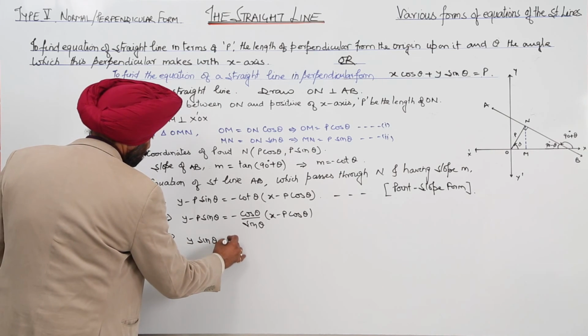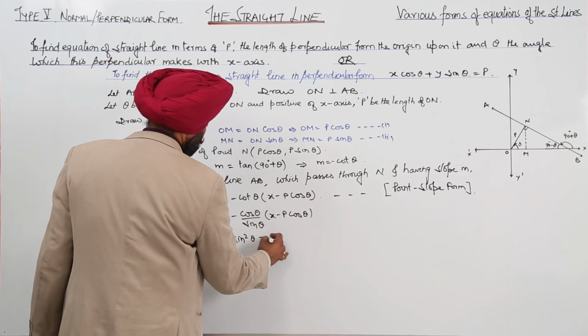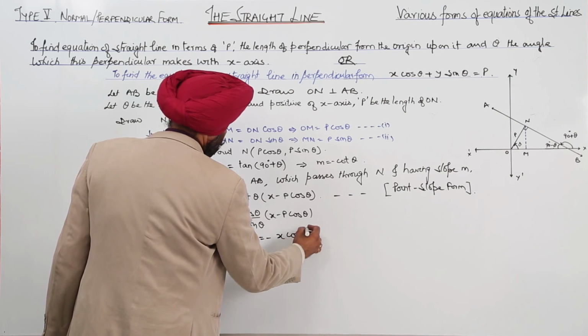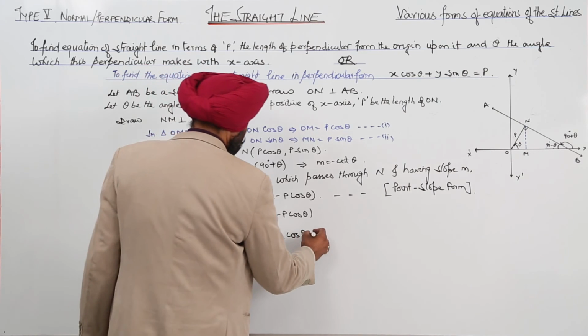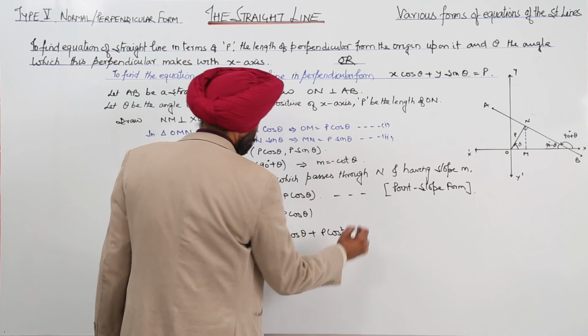y sin theta minus P sin square theta is equal to minus x cos theta plus P cos square theta.